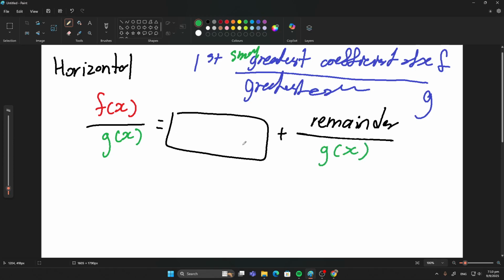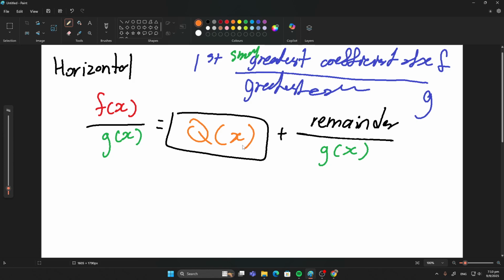Do you remember this? I forgot what it's called, but I'm just going to write q(x). So it all comes down to this equation.